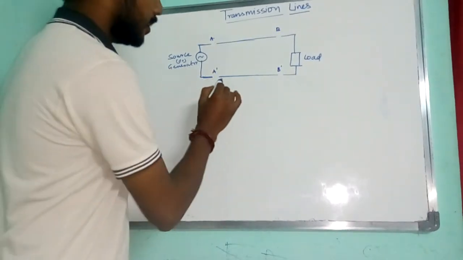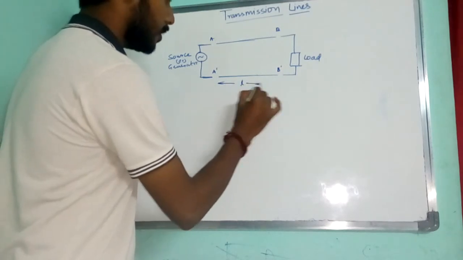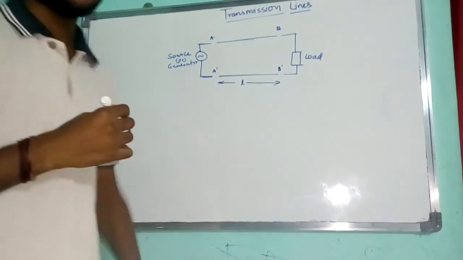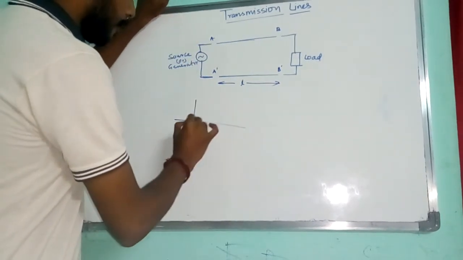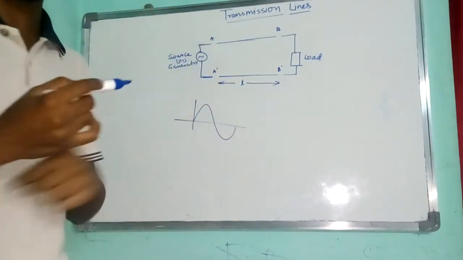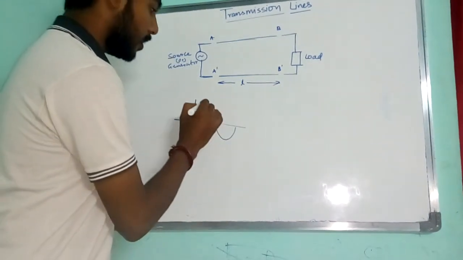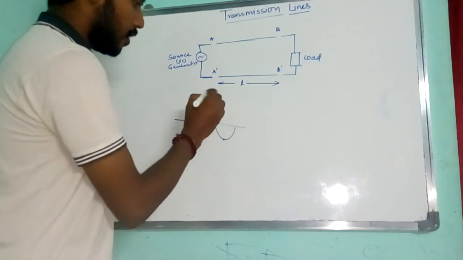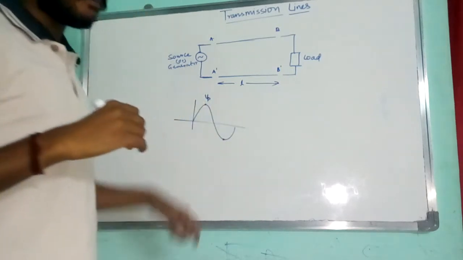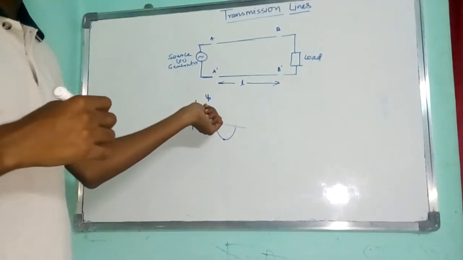So let's say this is my transmission line of length L. At AA dash I am applying a sinusoidal voltage, and my voltage peak is at this point.